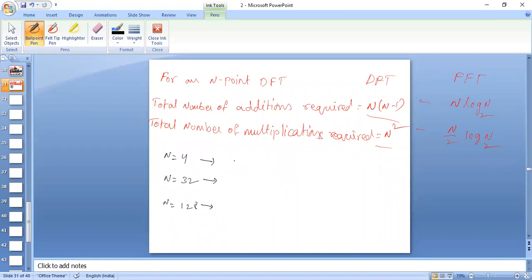So when N is equal to 4, N square value is equal to 16. And N by 2 log N to the base 2 value is equal to... Sorry, here N value is 4.